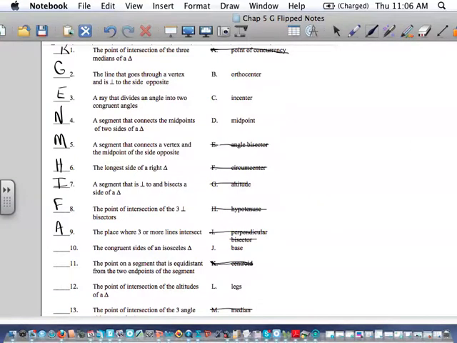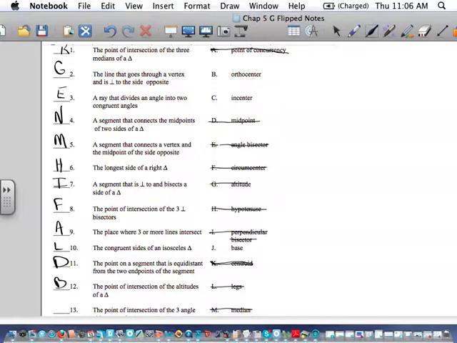Number 10, the congruent sides of an isosceles triangle are called legs, L. Number 11, the point on a segment that is equal distance from the two endpoints of that segment is called the midpoint. Midpoint is D. The point of intersection of the altitudes of a triangle is called the orthocenter.